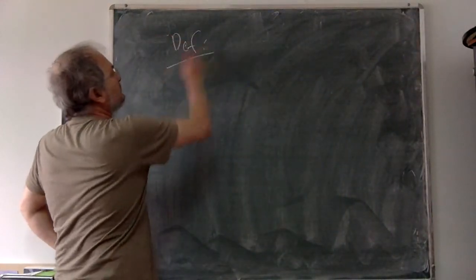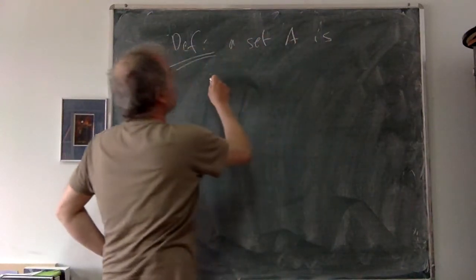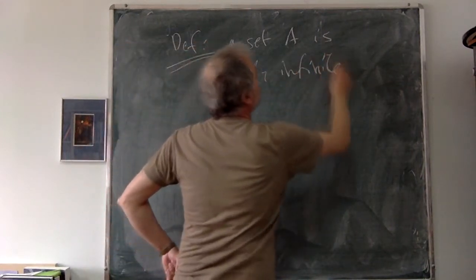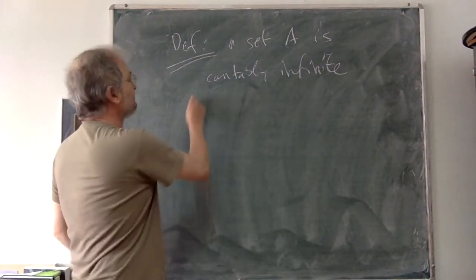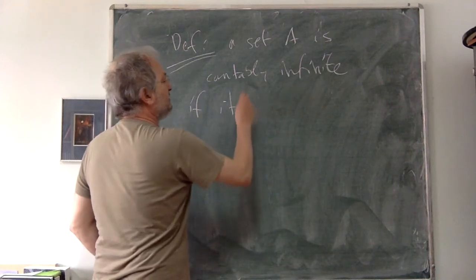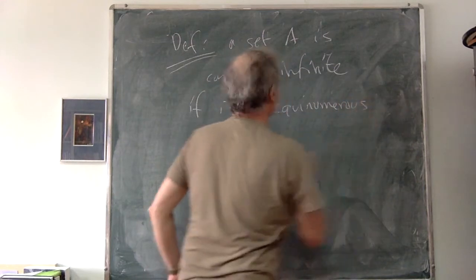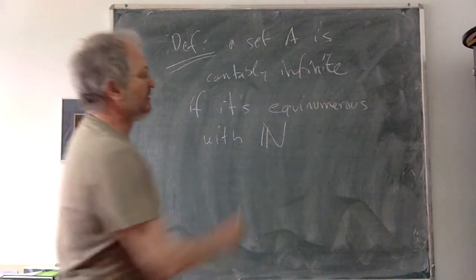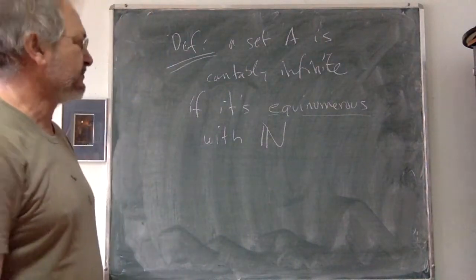So here's something, a definition. A set is called countably infinite if it's equinumerous. Equinumerous means the same size for infinite sets.